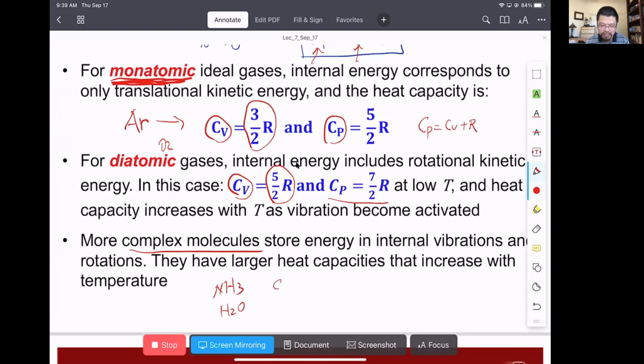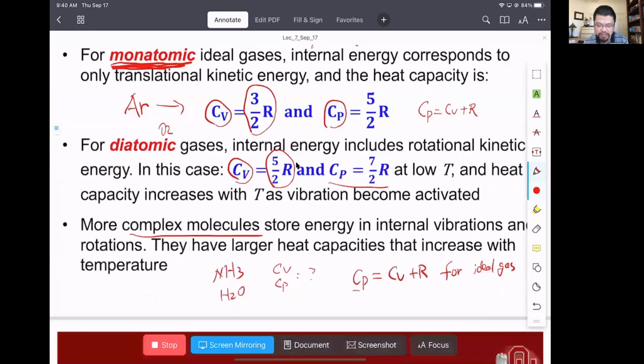So Cv and Cp are more complicated because we have to account for more intermolecular interactions from advanced thermal behavior. So it's not easy to derive a clean expression for Cv and Cp. Despite that difficulty, if we are able to treat ammonia and water as ideal gas, that equation will always be valid for ideal gas.